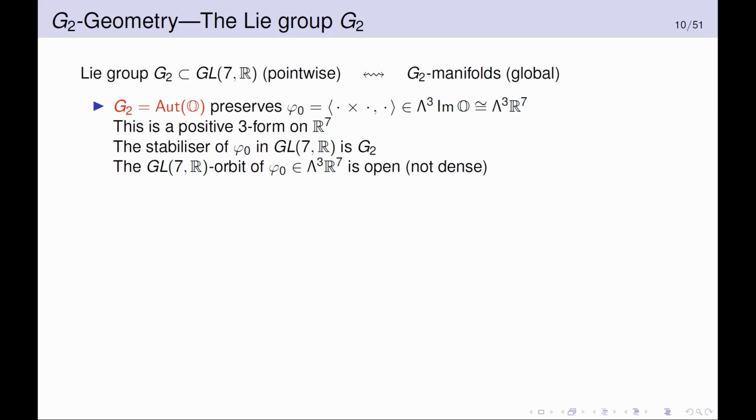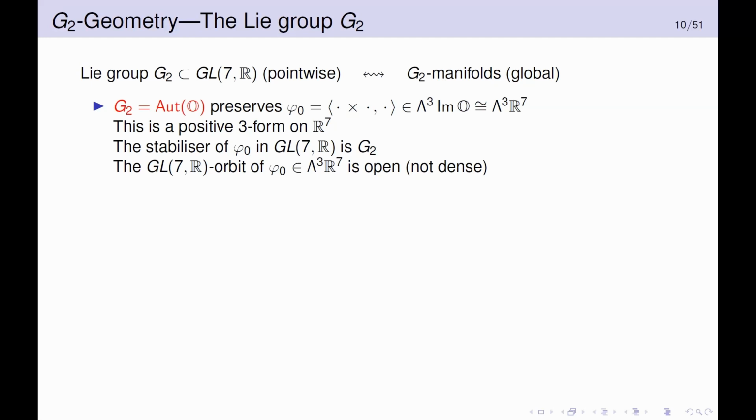And now there is a unique scalar product on the octonions, and there's the octonion multiplication. And you can combine these 3 things to get a 3-form phi 0. That's the model of a positive 3-form. The stabilizer of this 3-form in the general linear group is exactly G2. So that fits with the previous slide.